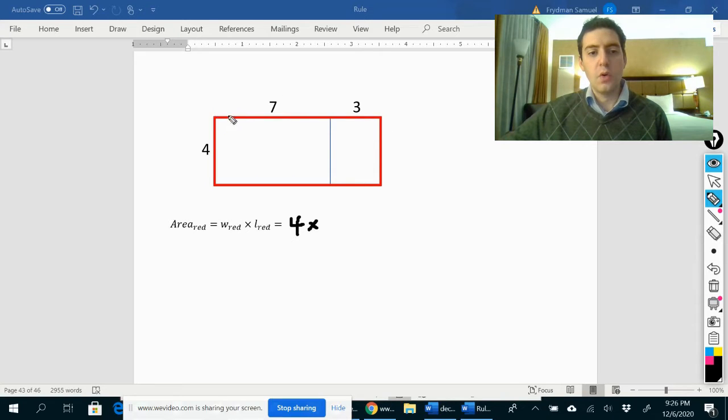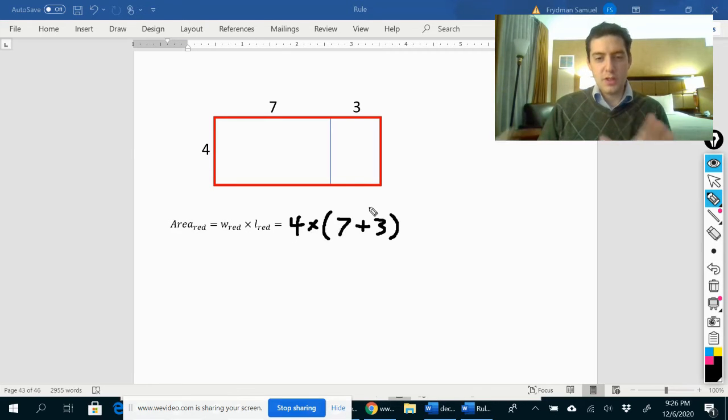So from here all the way to here must be 7 plus 3 units, which of course is 10 units, but I'm just going to write it as 7 plus 3. We could evaluate that, you could probably do that in your head, but I'm just going to leave it this way for now. So the area of the red rectangle is equal to 4 times 7 plus 3, with that being in parentheses there.